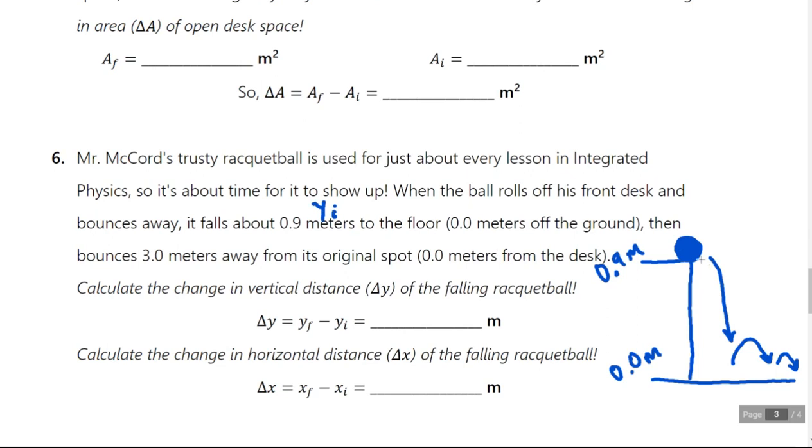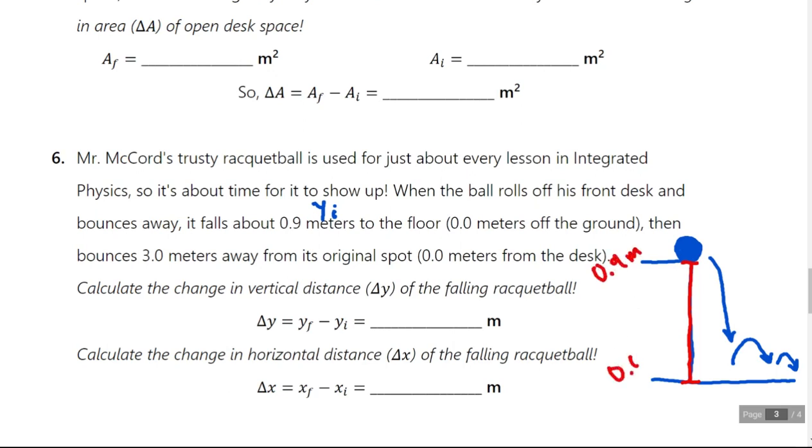The ball winds up on the ground. It bounces further away, but if we're only caring about how far up or down it is, let's do this in a different color, and I'm only worrying about this part here. Actually, let me rewrite these in that color so I can better show that. So this would be 0.9 meters.